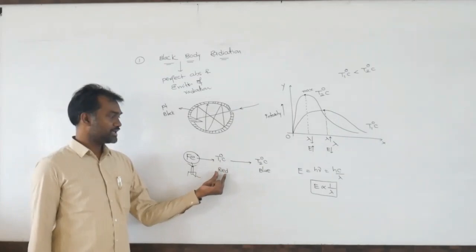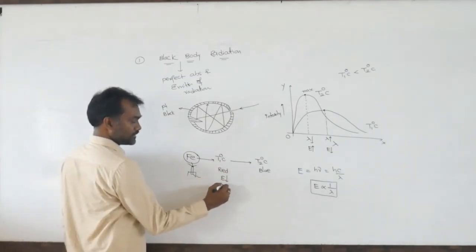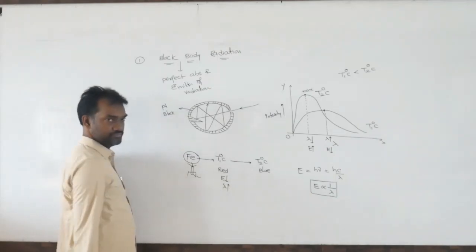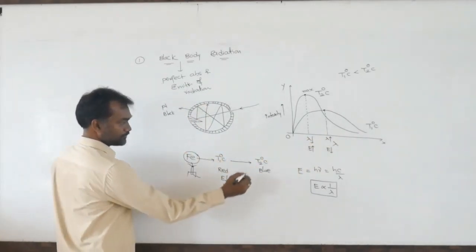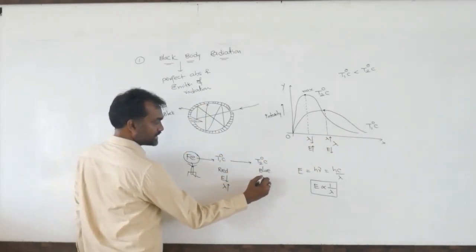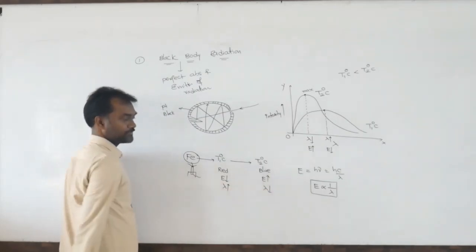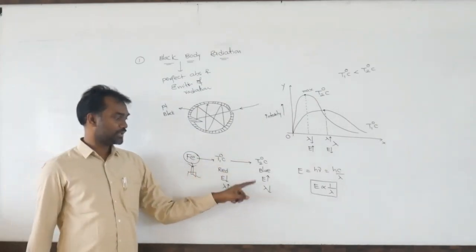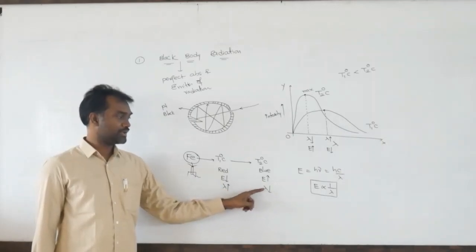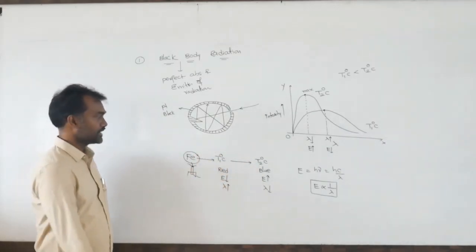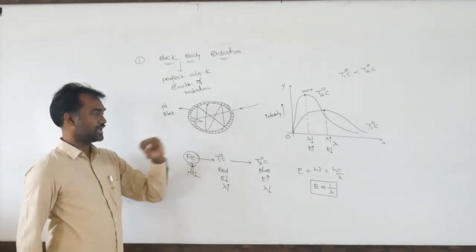That means at T1, red means energy is low and wavelength is high, higher lambda. Blue means energy is highest and lambda is lowest. When we increase the temperature, the energy increases and the lambda value decreases. This is direct experimental evidence, and the same thing is observed in a black body also.